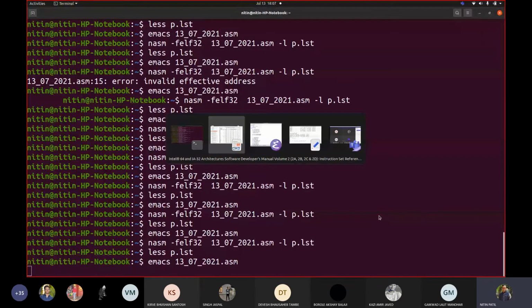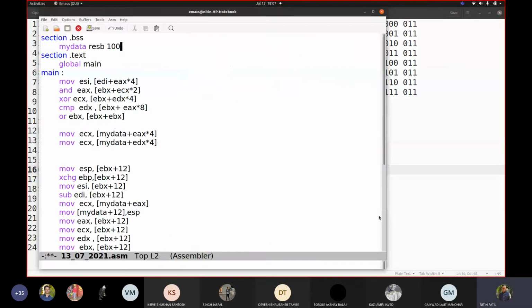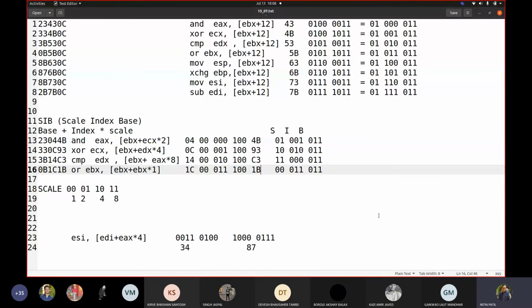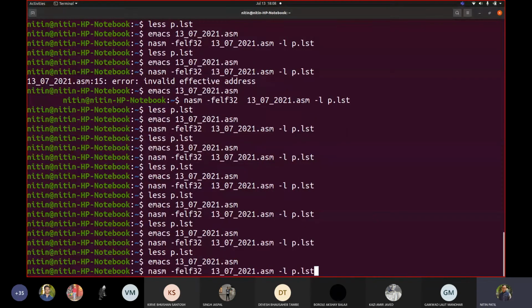We'll work with this, and I will add one more thing in my code to make it useful. So I'm adding I, raised D1, and here I'm saying I. I don't care now what exactly they are. Let us try to assemble the code.